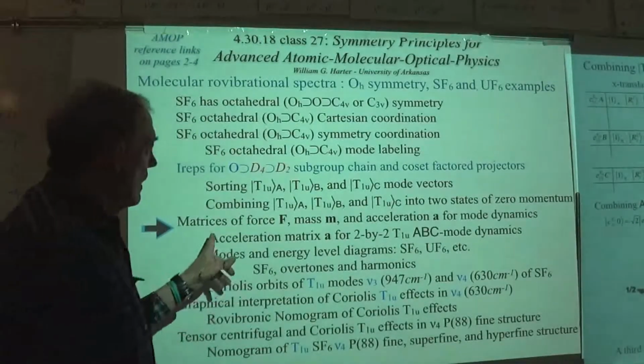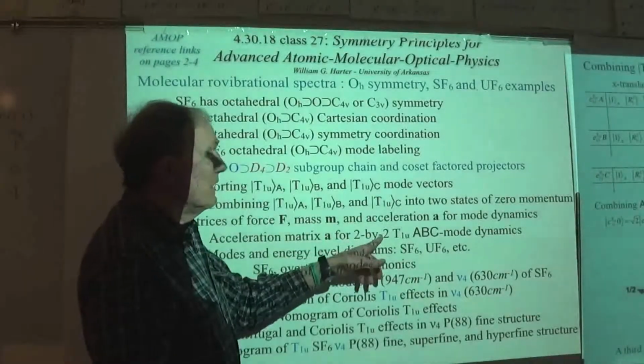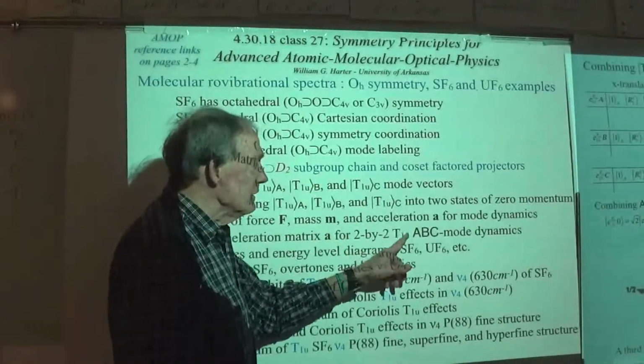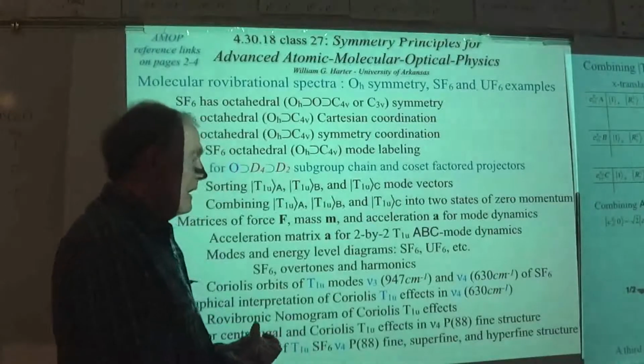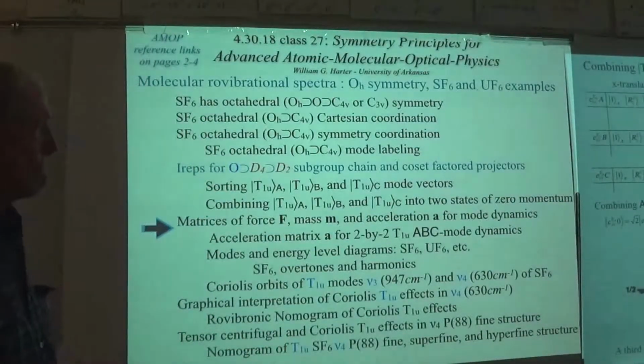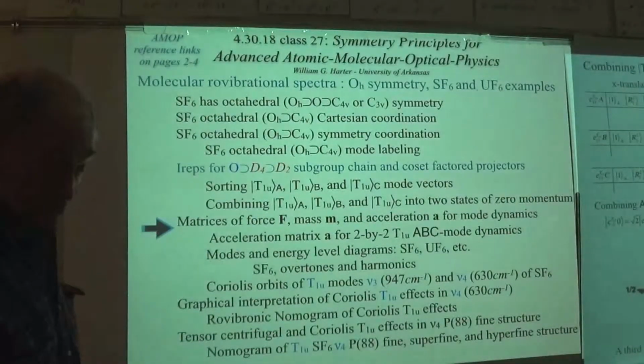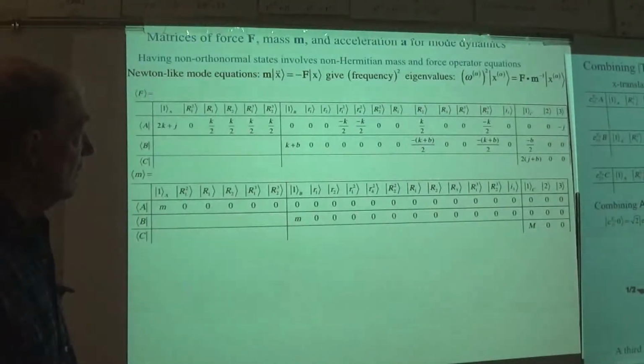Okay? So the acceleration matrix, and it'll be a 2x2 matrix for the 2 T1Us that we've got left that have no linear momentum in our ABC mode dynamics. It involves all 3 of the A, B, and C spaces. So that's the thing we've got to deal with here.